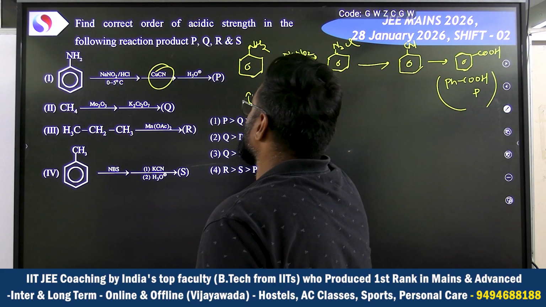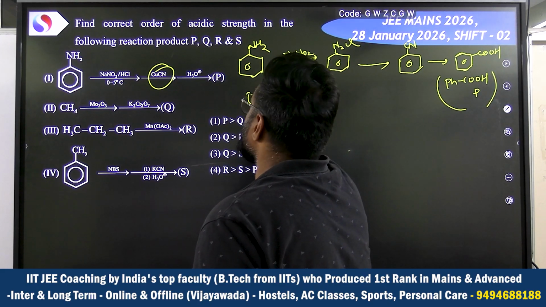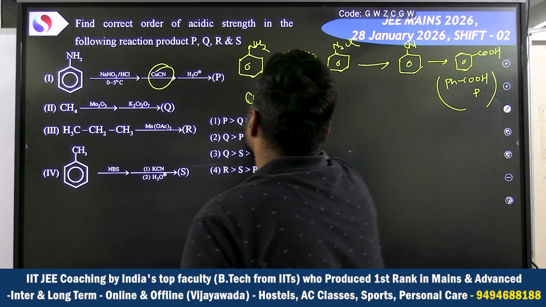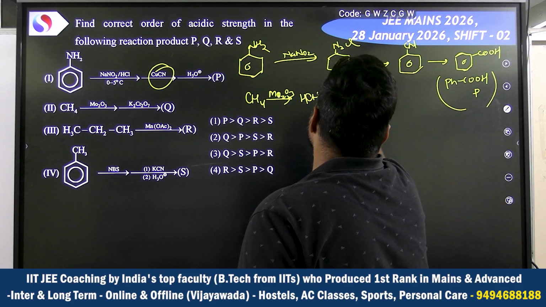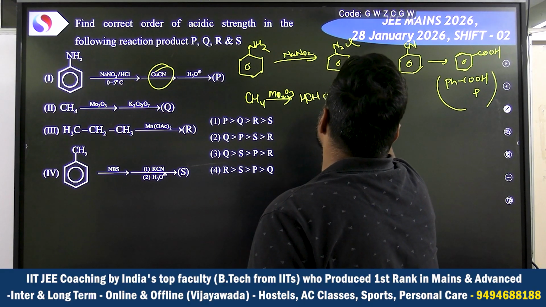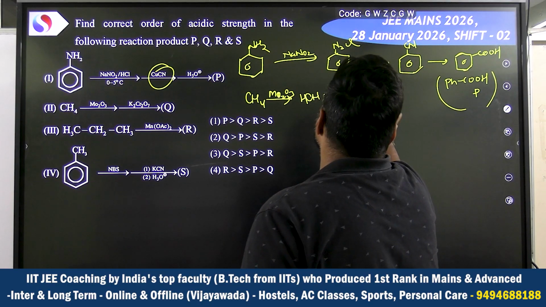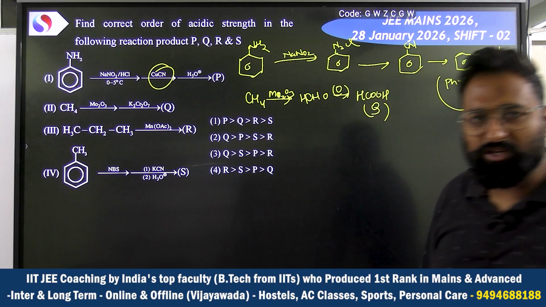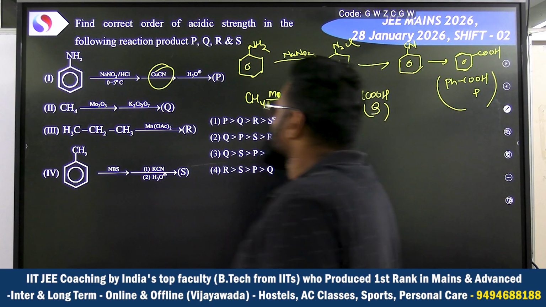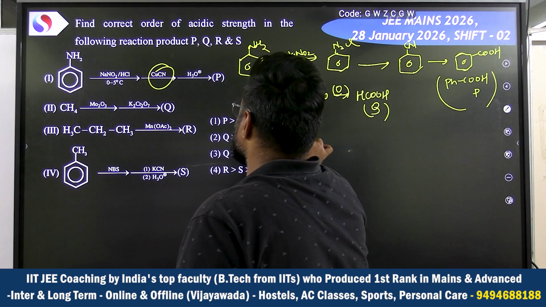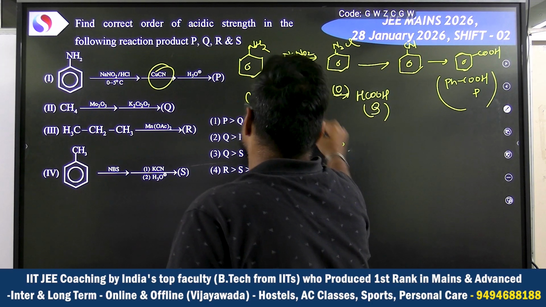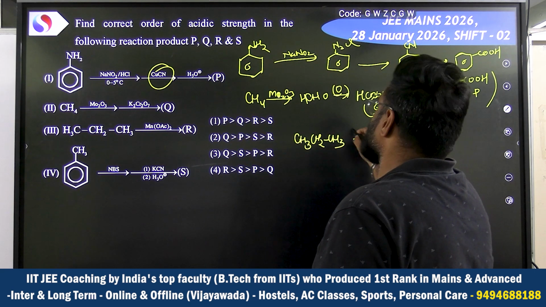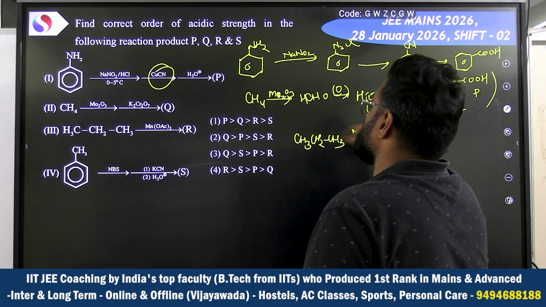CH4 on reacting with MoO3, molybdenum oxide, produces formaldehyde, which on oxidation gives formic acid. So Q is our formic acid. Okay, simple. Next, when we have CH3, CH2, CH3, it reacts with manganese acetate.